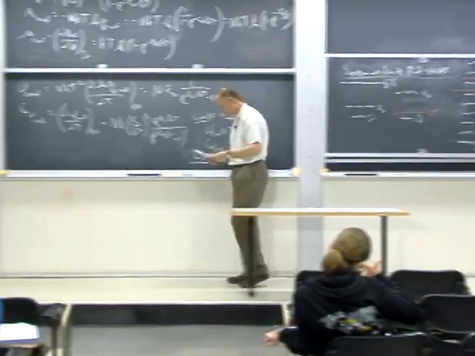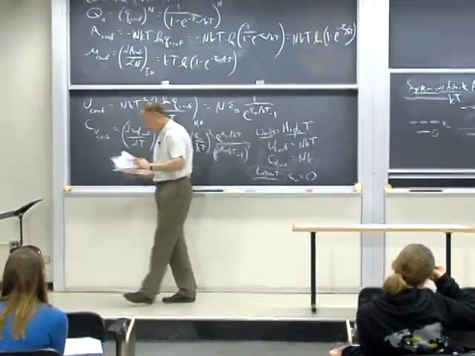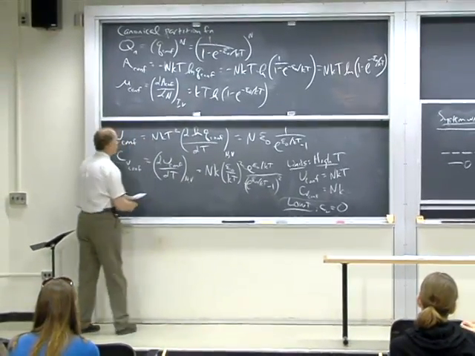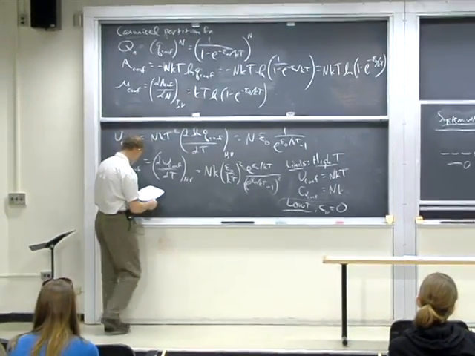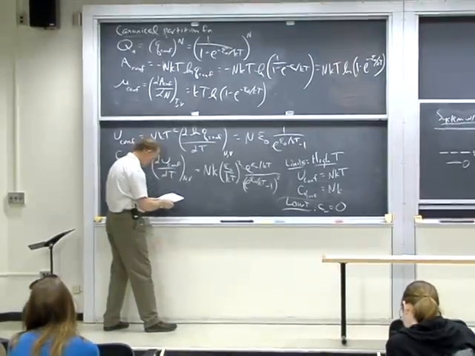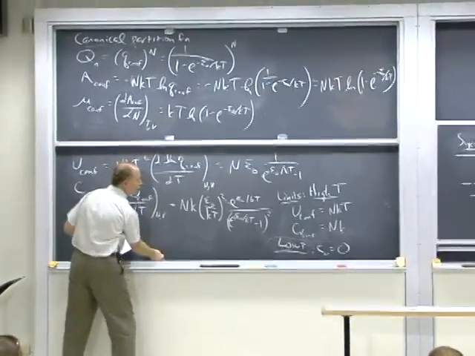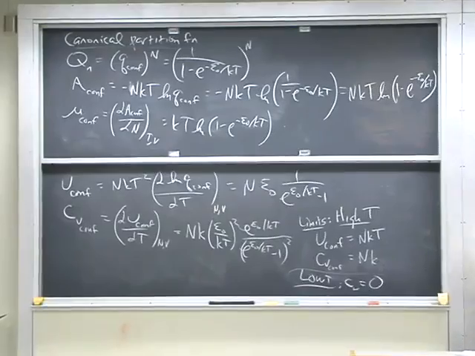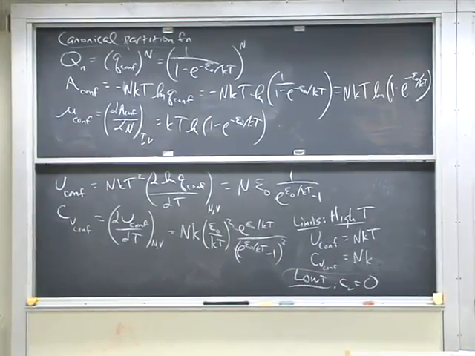Let me just make a few comments about the entropy. I didn't write it out before, and I'm tempted not to do it again, but I suppose I'll do it.